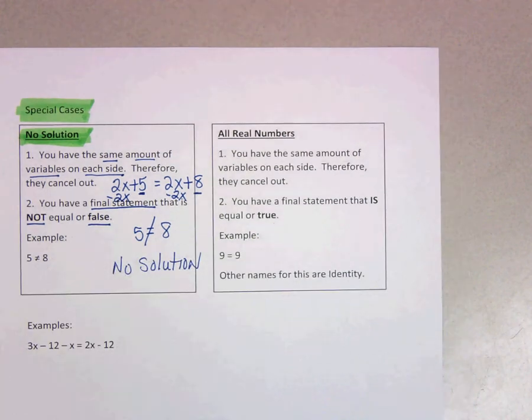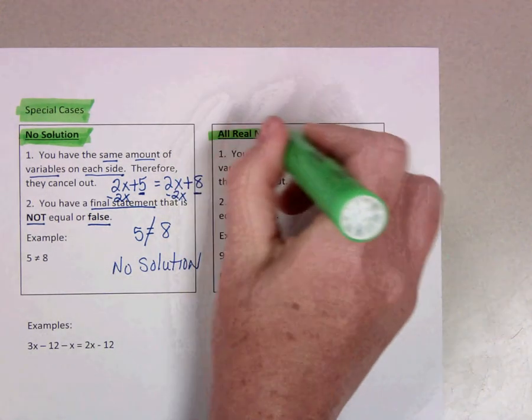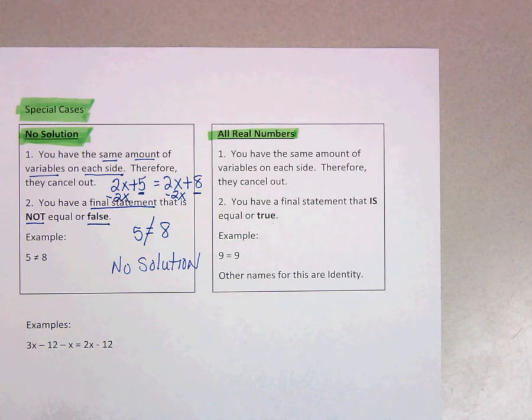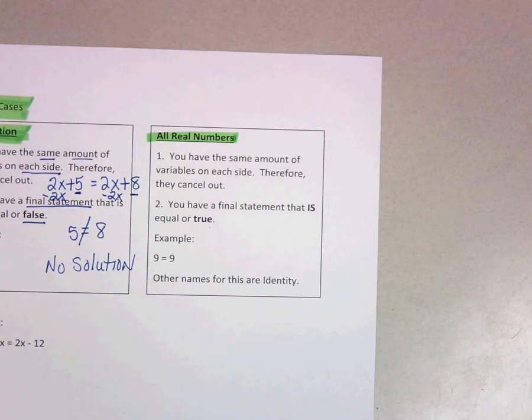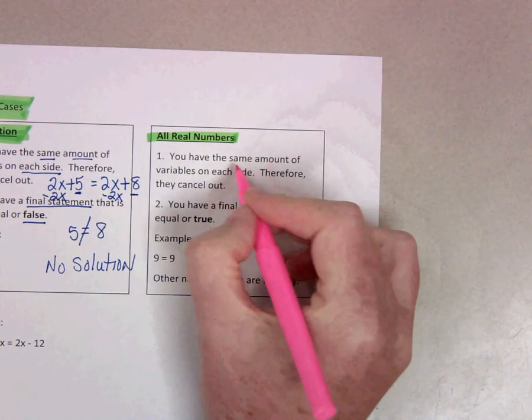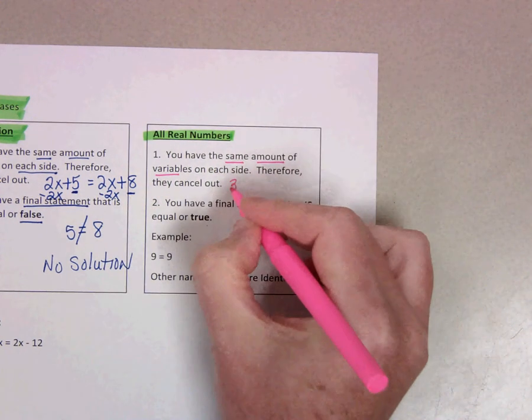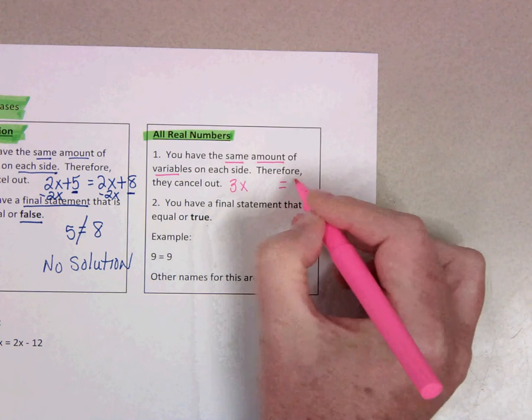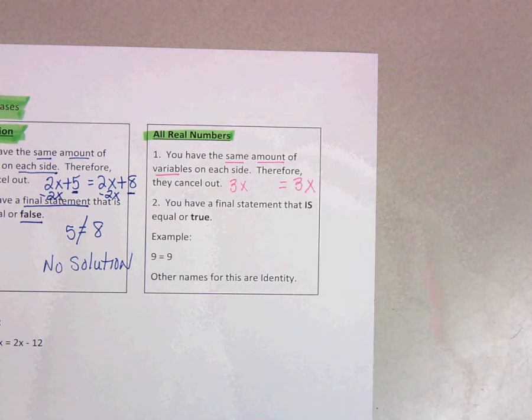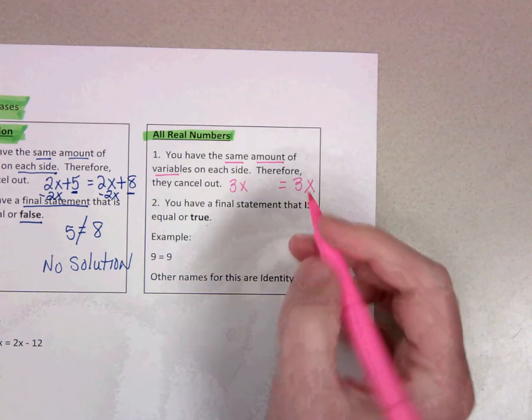Okay, we can also have another type of situation that means all real numbers. Again, we're going to have the same amount of variables on each side. So let's say we had 3x and 3x. If I try to get all the variables on the same side, they would cancel out.